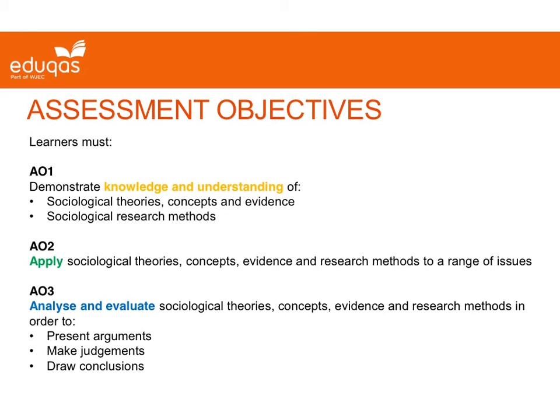So it's about your ability to look at the strengths and weaknesses of different arguments, different theories, and different types of research. And assessment objective number 3 is normally something that examiners would only be looking for in longer essay-style questions. So it's not something that you need to worry about for shorter questions.